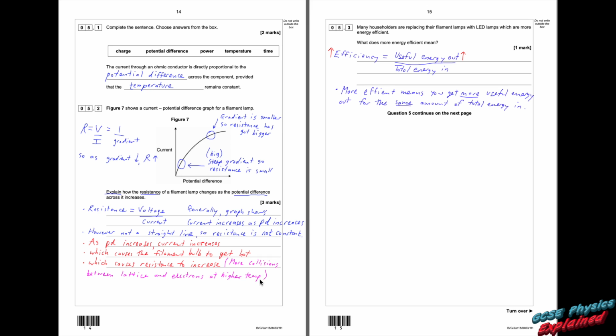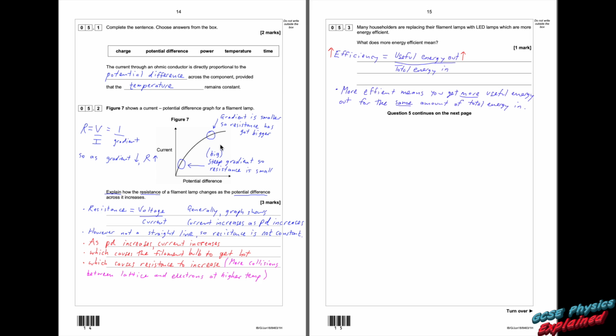We're moving into A-level stuff there. At higher temperature, the atoms or ions in the wire have got more energy, so they move more, and the electrons get bumped into more.